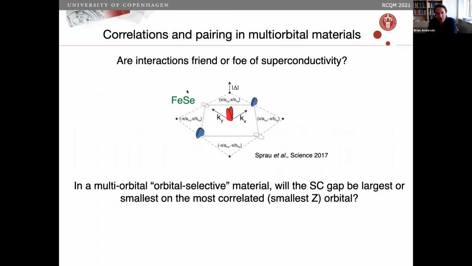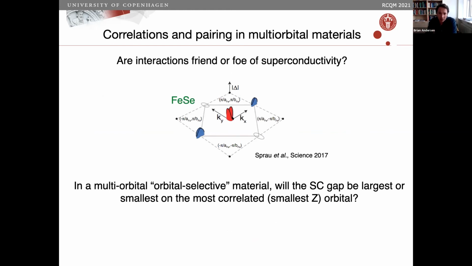And I think this is interesting because it relates to the general question of whether interactions are friend or foe of superconductivity. Typically, we would say you need interactions to generate unconventional superconductivity. And the more you have, the better, unless you start going into a Mott regime or so on.